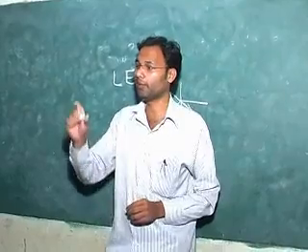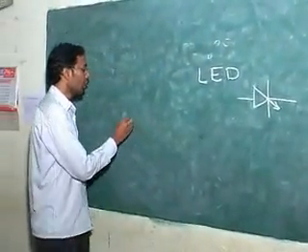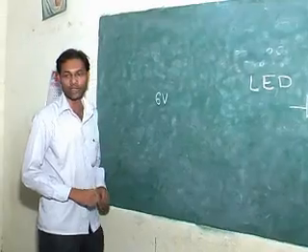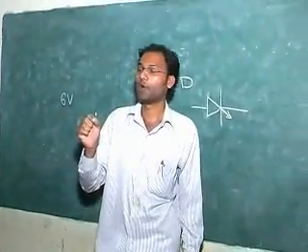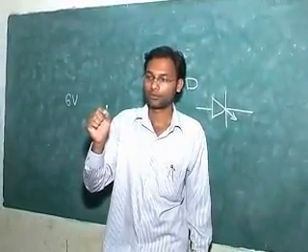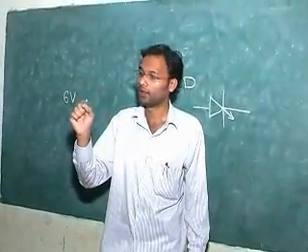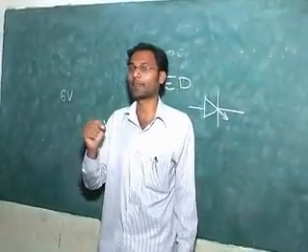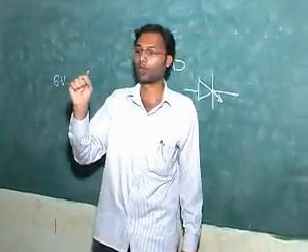Again we have to use the same formula. Let us do the calculation here. How many volts do we have? 6 volts. How much current do we require here? 20 milliamps of current. How do we know about this 20 milliamps?